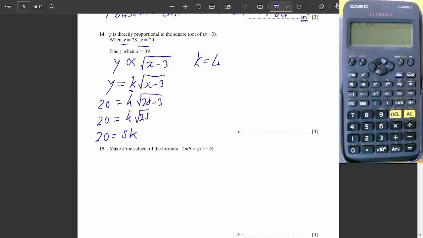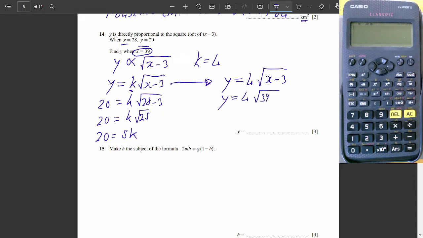Okay, now we're going to take this equation, we write it again, but now we got the value for k, so we put that in there. And that is our equation, our formula. We can now work out any x or y value for this proportion. In this case, they want us to work out x equals 39.